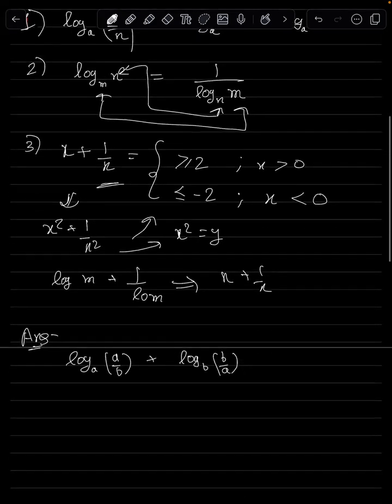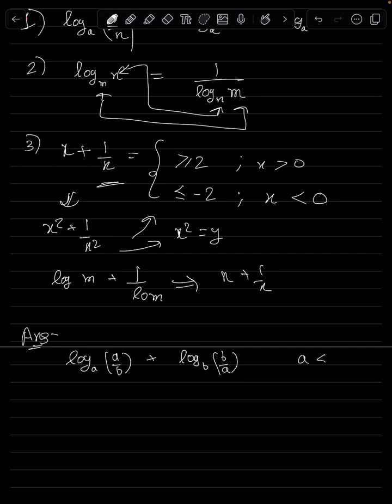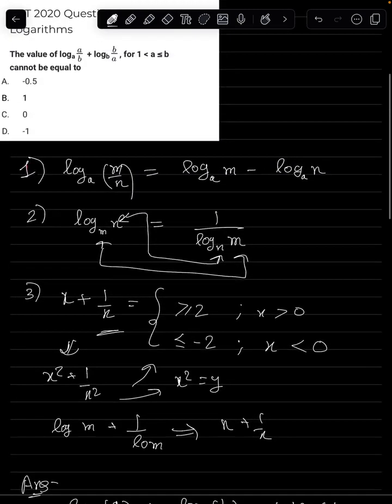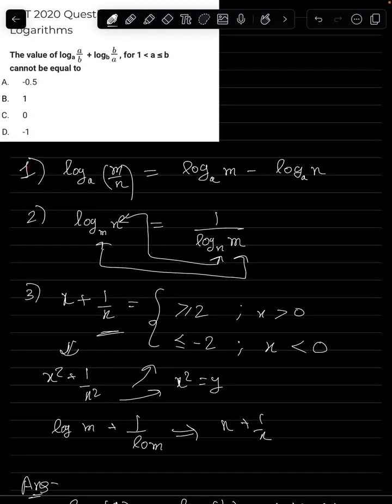And it is also given that a is less than or equal to b and greater than 1. So we have to find the value that this particular function cannot be equal to. So what are the options? A, B, C, D are minus 0.5, 1, 0, and minus 1.